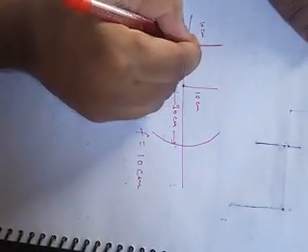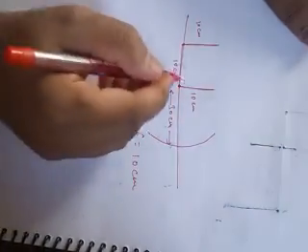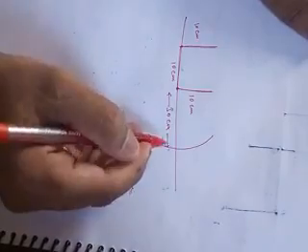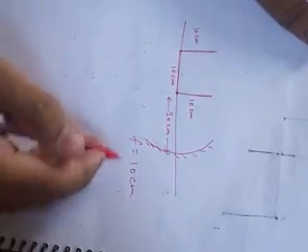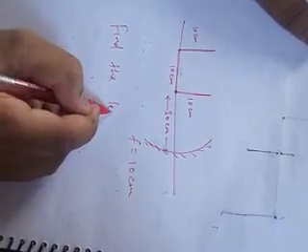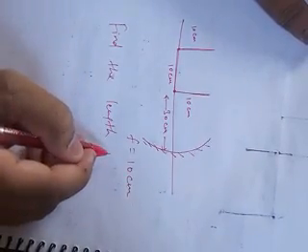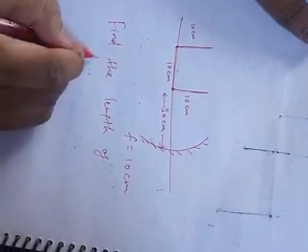So this is a U-shaped rod of 3 arms, each of 10 centimeter. The nearer arm is at 30 centimeter from a concave mirror of focal length 10 centimeter. So find the total length of the final image.